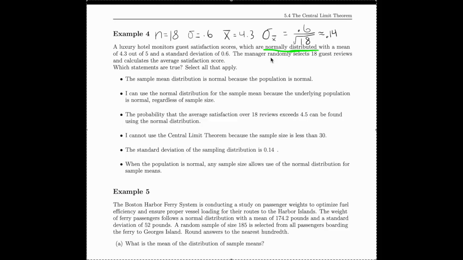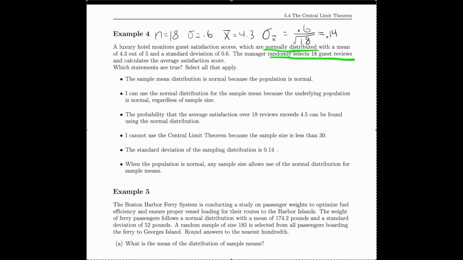The manager randomly selects 18 guest reviews and calculates the average satisfaction score. So he's randomly selecting these 18 guest reviews. So independence here is good. So that's met.